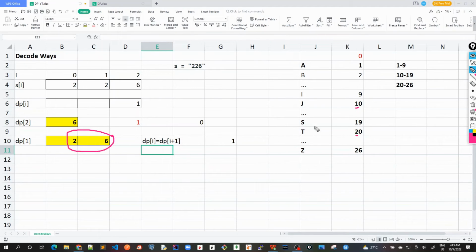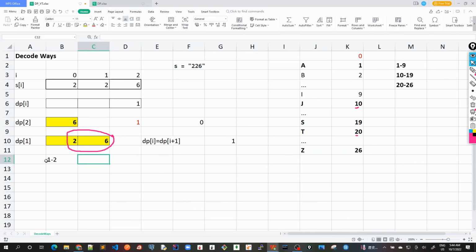If it's 0 or 3 or whatever, in all those scenarios the number of decode ways would be 0. It cannot be anything other than 1 or 2. If it's 3, 4, 5, whatever, it would all result in 0 ways to decode it. So the only valid range is that it should be 1 or 2.